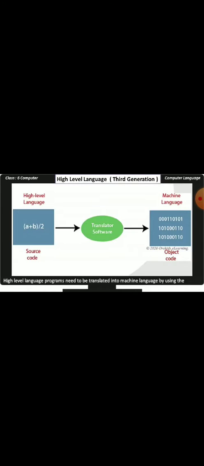High-level language programs need to be translated into machine language by using translator programs. There are two types of translator programs: interpreter and compiler. Interpreter. This translator program is used to convert a high-level language program into machine language.